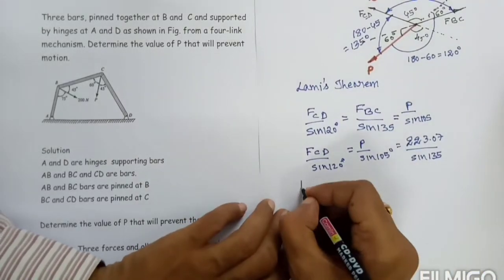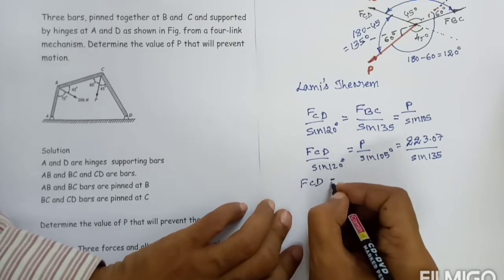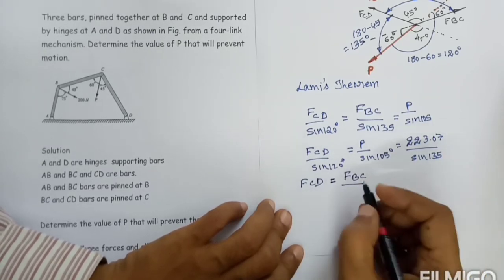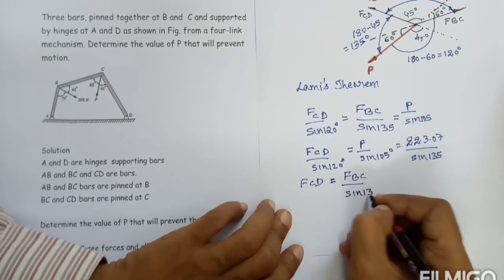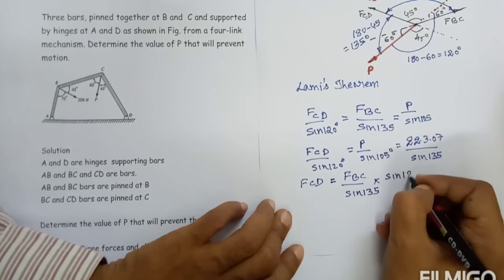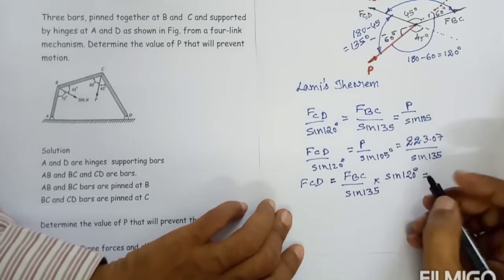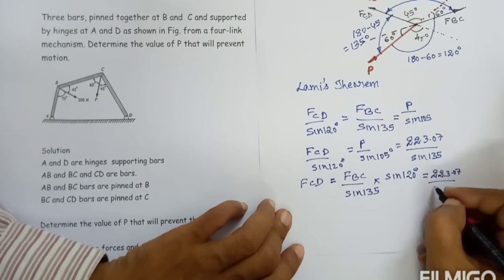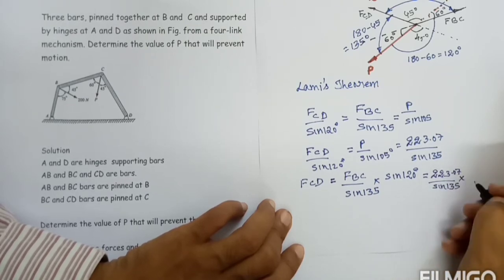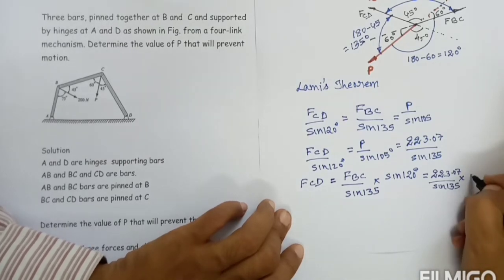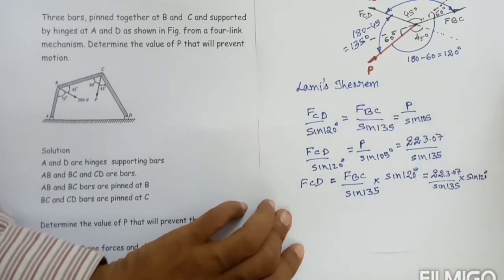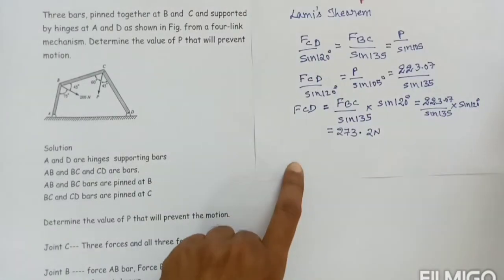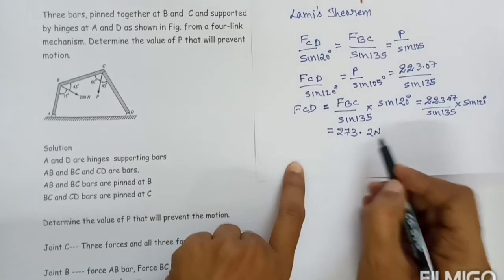Which implies FCD is equal to 223.07 by sin 135 into sin 120, which is equal to 273.2 newtons.